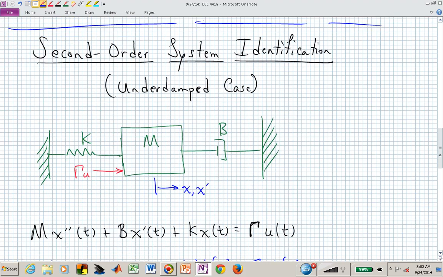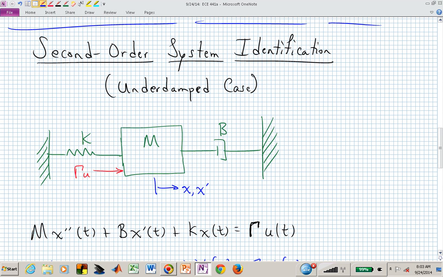Let's then pick back up with our second-order system identification problem, and maybe as a little bit of a review, you can actually hopefully connect what we're doing with this mass spring damper system. This is what you're doing in the lab. You have a mass spring damper system with a mass, a spring, and a dashpot, and some applied force.